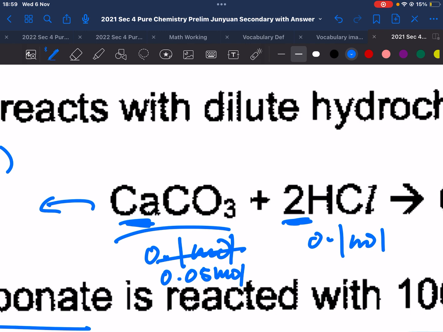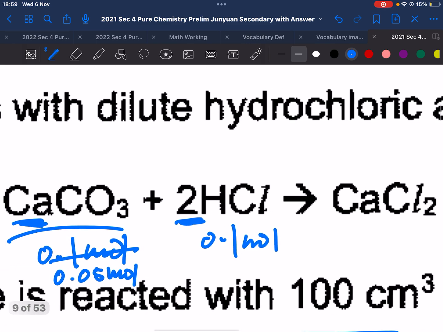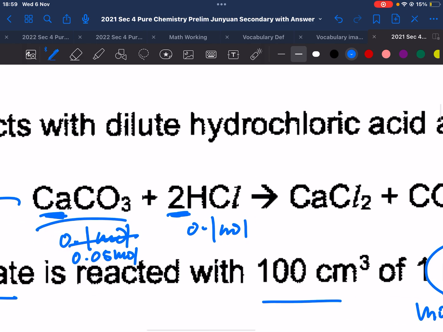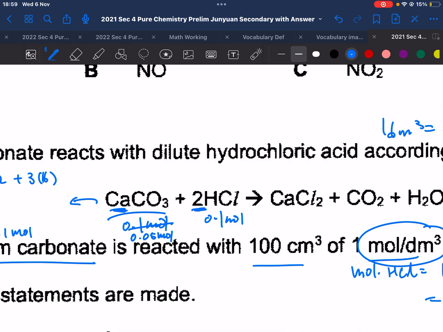So which is the limiting reactant again? Hydrogen chloride is the limiting reactant, because I have excess. I have 0.1 mole of calcium carbonate, however I only use 0.05 mole, so I have excess 0.05 mole. Again, I have excess calcium carbonate.